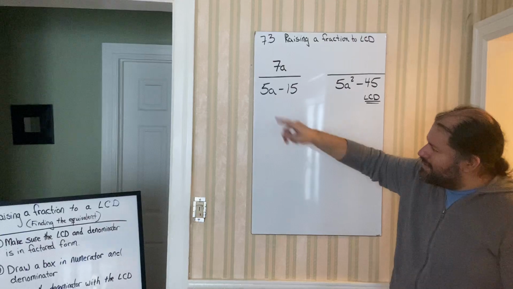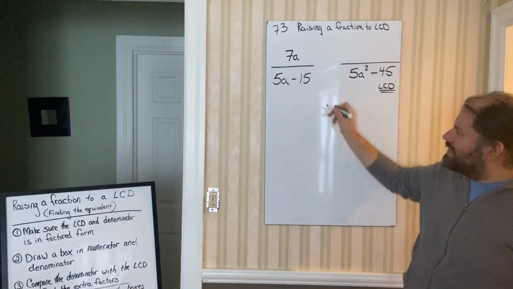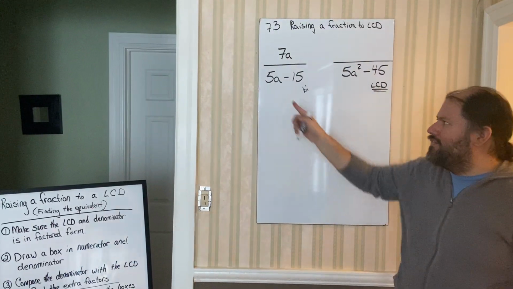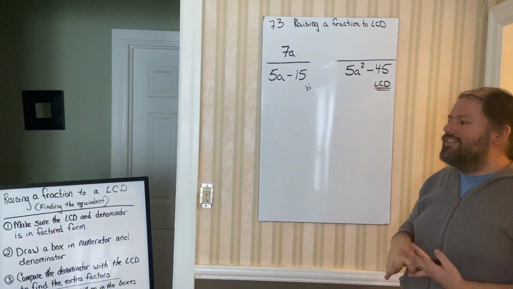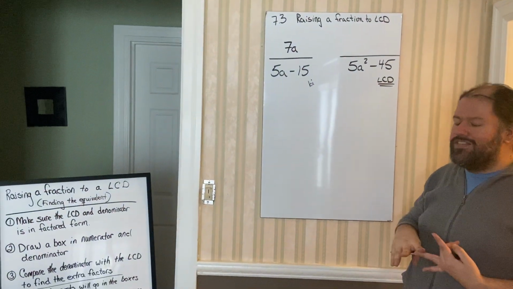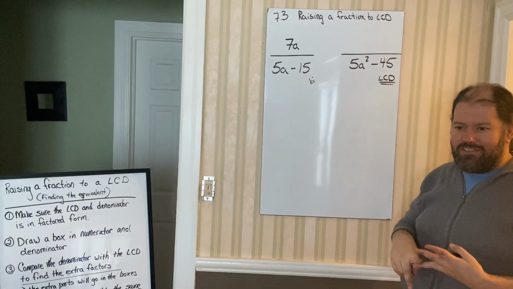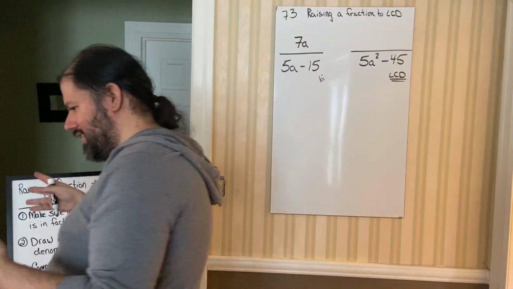So when you factor this out, notice you're not doing a tree diagram. Why? Because it's a binomial. When it's a binomial, we're not allowed to do 5a, 3, 5. Don't do that. What you want to do is look to see if there is a GCF. If it's more than one term, you have to look for a GCF first. So notice we do have a GCF.